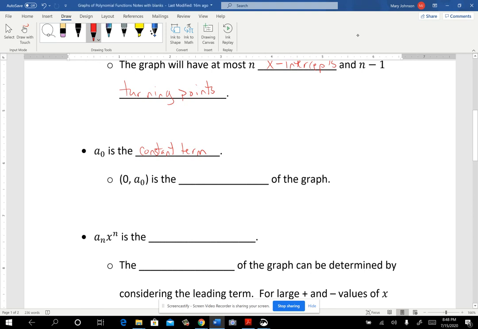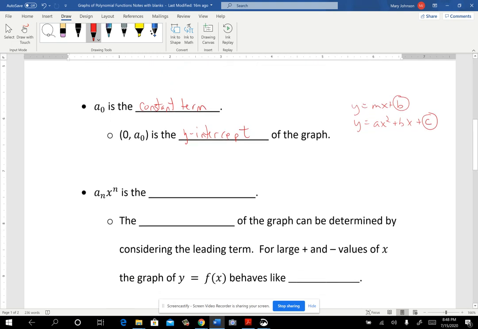So that a naught gives you the y-intercept of the graph of your function, just at a glance, okay? You already knew that when you looked at linear. We just didn't call it a naught, we called it b, that's the y-intercept. You also already knew that with a quadratic. That's your y-intercept, okay?